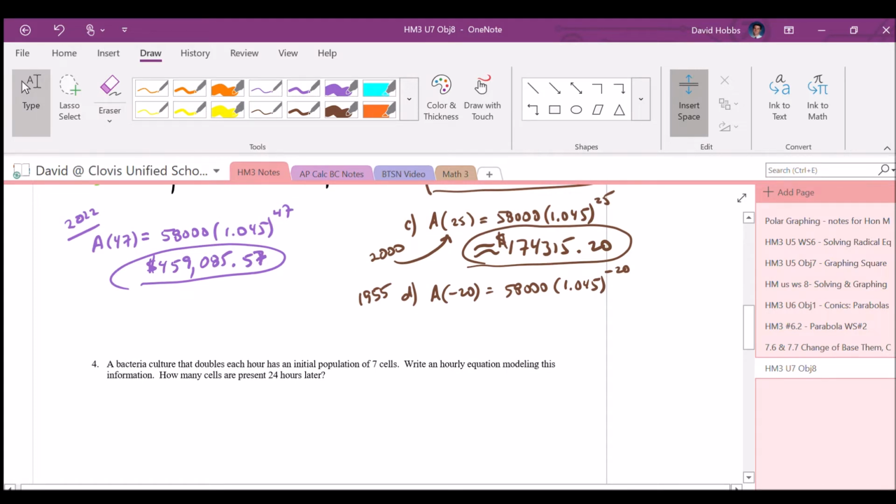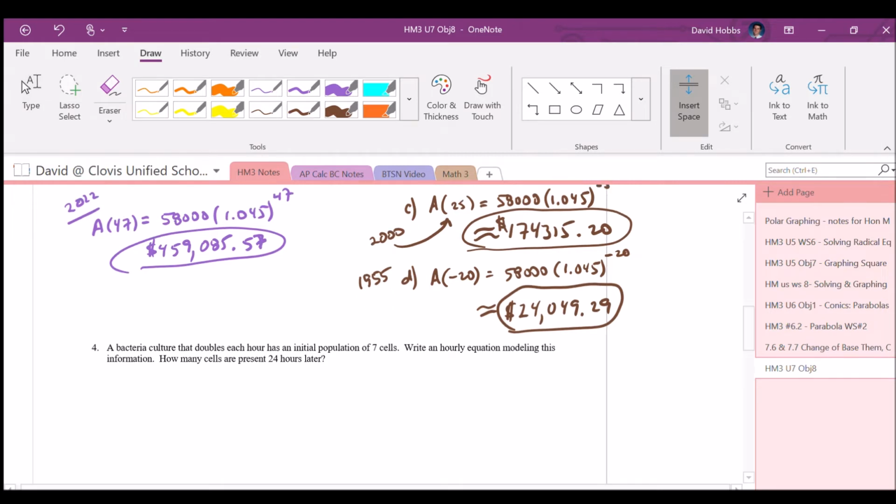So we've got 1.045 to the negative 20, and it's like 0.4 something, times 58,000, and so it's approximately $24,049.29, which is not bad. It's probably a little bit high, but okay. Anyway, let's try number 4.